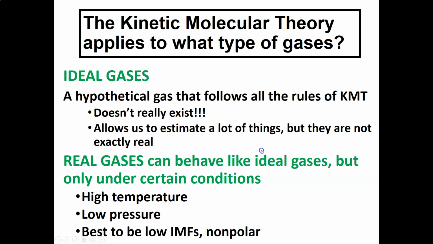It's best also if there are very low intermolecular forces, like things that are nonpolar, things that are small, right? They're going to behave more ideally. If the molecules start interacting with each other, things start getting off track. So we want them to go really fast, be very far apart, and basically ignore each other as best as possible.